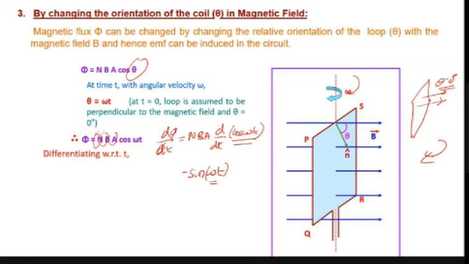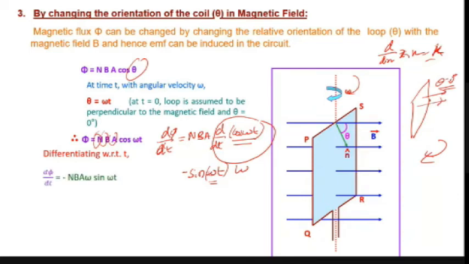Omega. See here, d by dx of kx is nothing but k into dx by dx. So similarly, omega t. Just remember, for those who are not familiar with differentiation, d by dt of cos omega t is minus omega sin omega t.